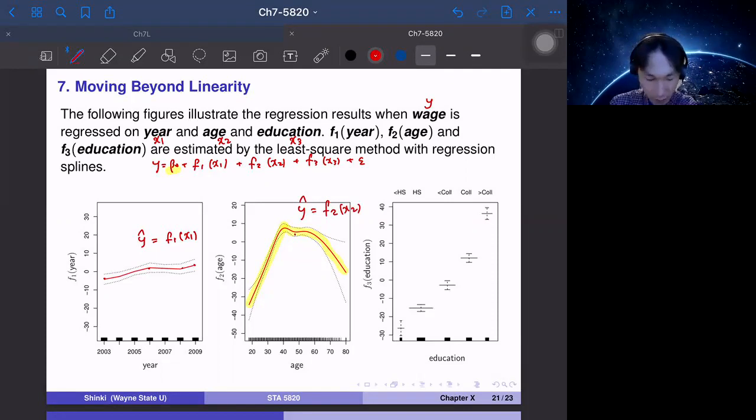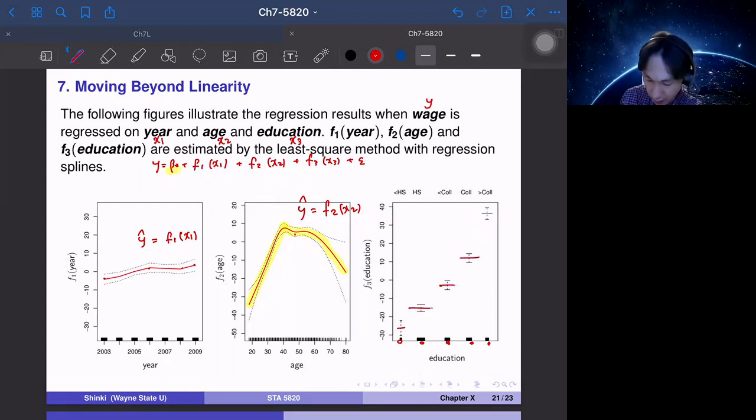Then the third one, education. Education is actually a discrete variable. We only have 5 possible values, maybe less than high school, some college, and maybe more than college, graduate school. So this is just categorical.